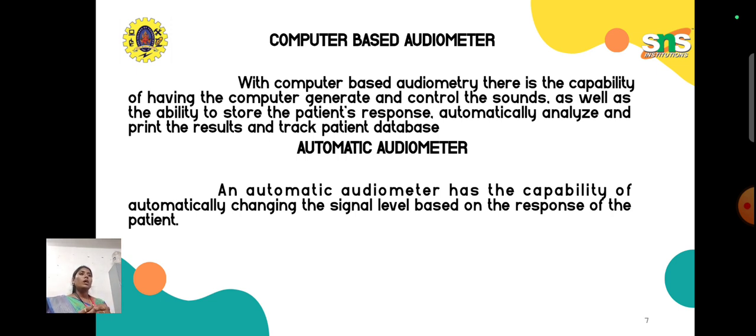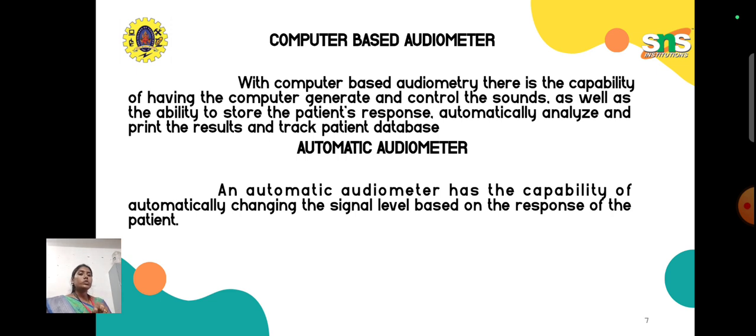We do not need to change the frequency or intensity according to the patient response every time. Since this device measures at each frequency the patient's hearing capacity, in the traditional case we have to change the frequency each time based on whether they are hearing that sound or not.